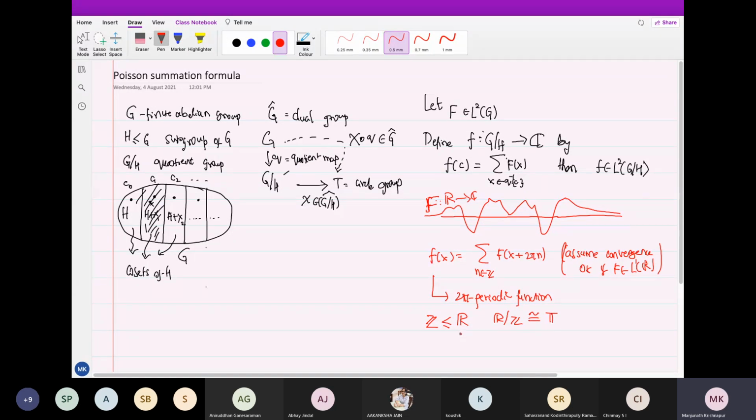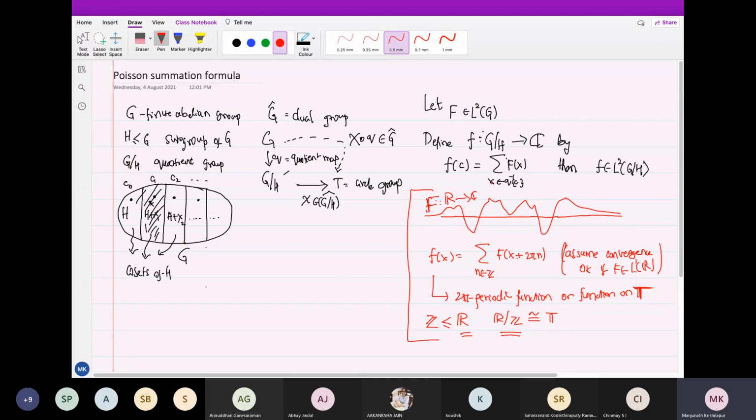So from a function on R, I build a function on R mod Z, which is a function on the circle, the same as a 2 pi periodic function. So this is how you build a 2 pi periodic function from a function on the real line. What I'm doing here is an exact analogy with that. So I sum over all the things which differ from it by multiples of 2 pi.